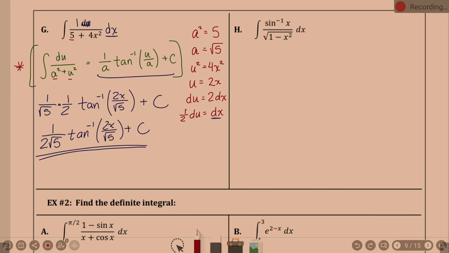I think the denominator is the derivative of sine inverse. So if the denominator is the derivative of sine inverse, you want to use u as the original, that way du will be the derivative.